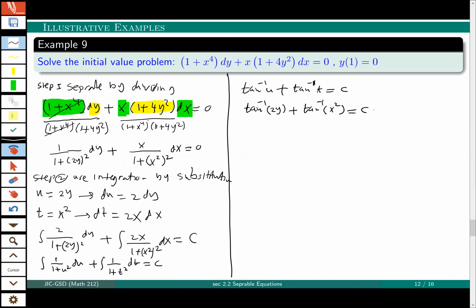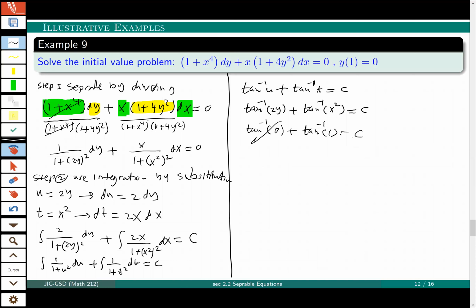The last step is to use the initial value to determine what is c. If y is 1, x is 0, so that will be tan inverse of 2 at x equal to 1, y will be 0. So tan inverse of 0 plus tan inverse of 1, x is 1, y is 0, should be equal to c.